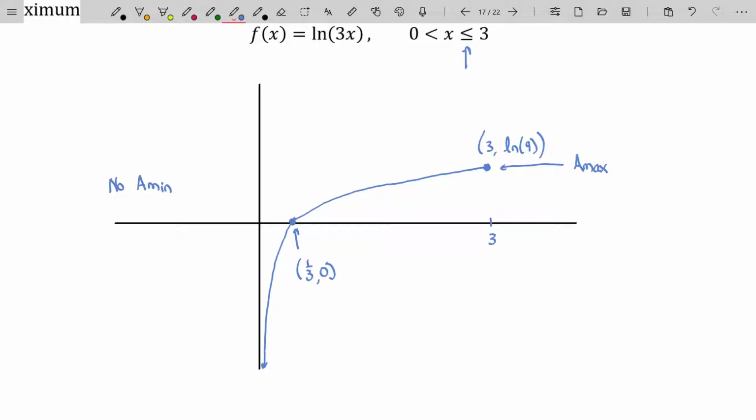Two examples in a row. I didn't mean for that to happen, but there you go. And remember, to be a local max or a local minimum, it cannot be an edge point on the interval. So therefore, this point right there is not a local max. In fact, this function does not have a local max.